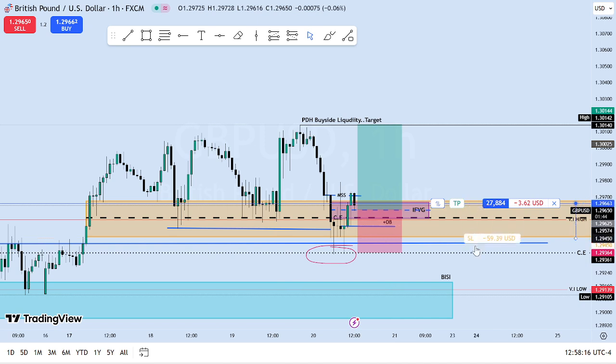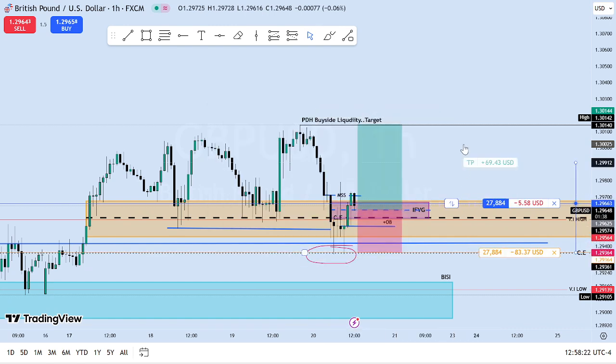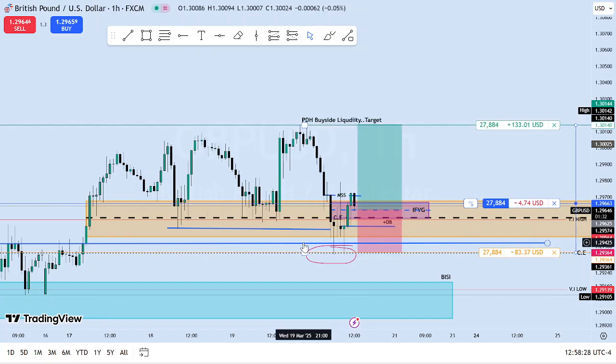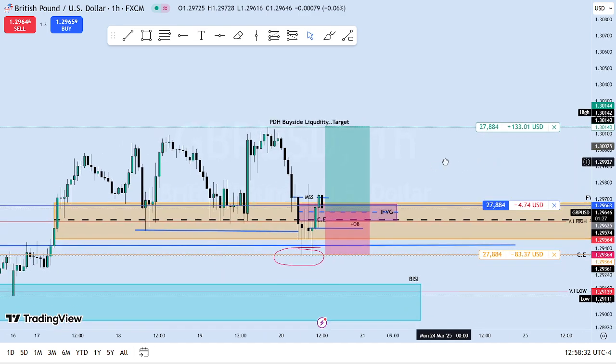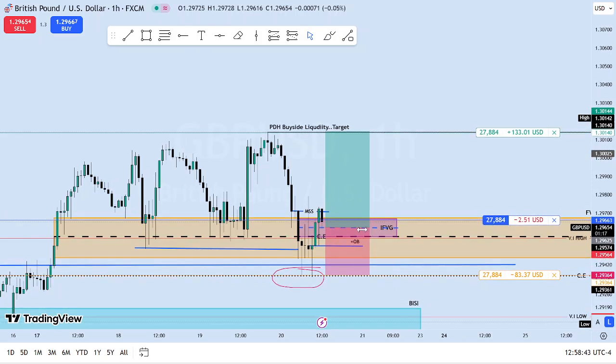Your stop loss there, then you take profit at the previous day high there. Then you set it like that, you leave it, let it play out. No emotions attached at all. Just allow it to play out.